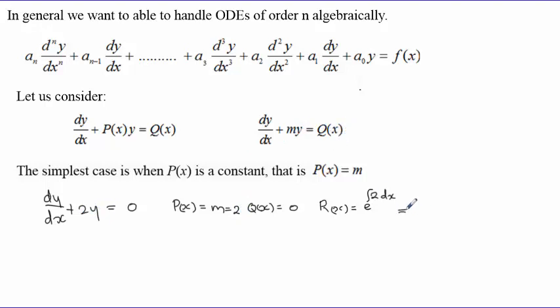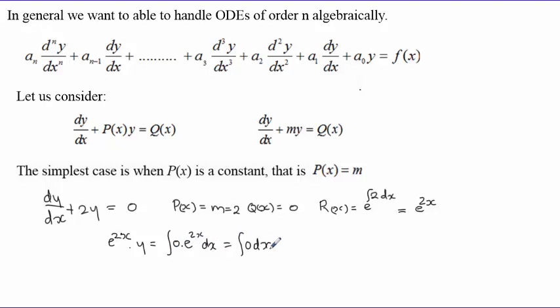This simply gives us e to the power 2x. That would be our integration factor. And then what we know is that the product of the integration factor and y is equal to the integral of q times the integration factor, e to the power 2x, with respect to x. But we are integrating 0.